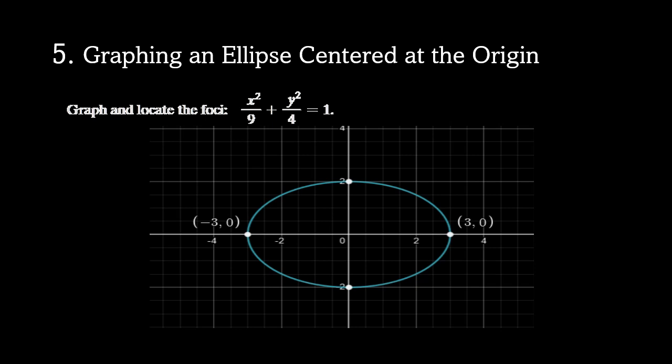So on the y-axis, we took the points 0, 2, and 0, negative 2, and on the x-axis we took the points negative 3, 0, and 3, 0. Now we need to calculate the foci. So we have the foci also on the x-axis with square root of 5 and negative square root of 5.